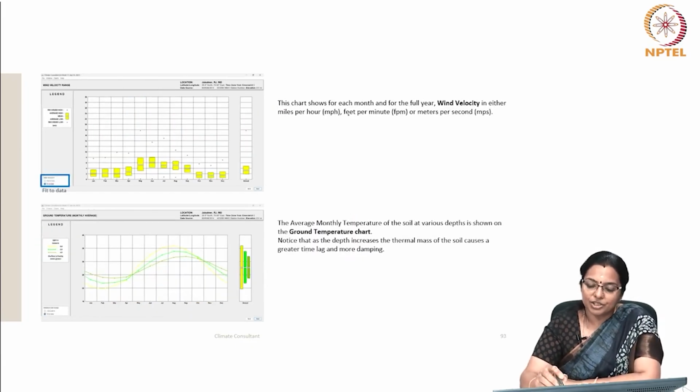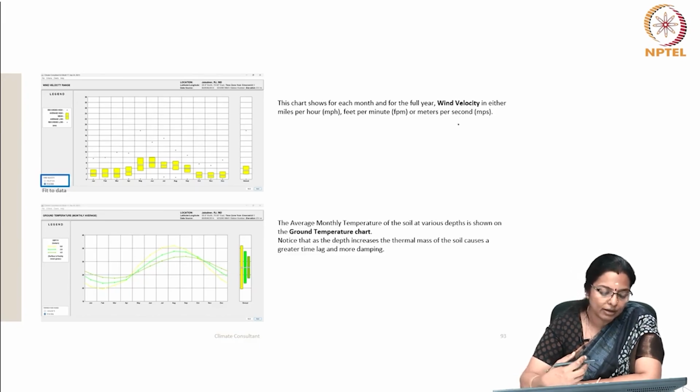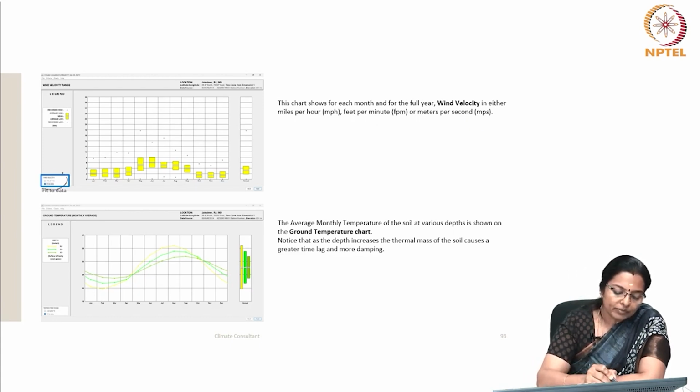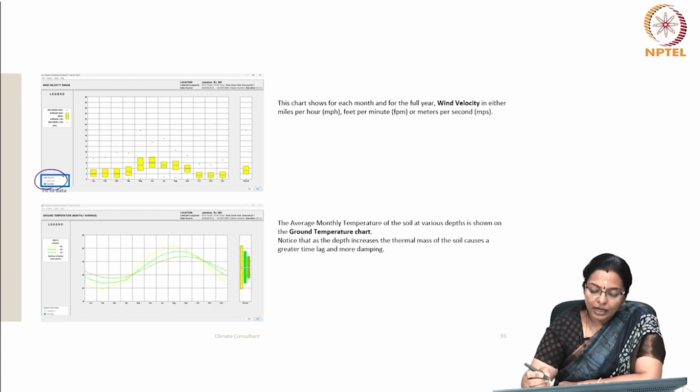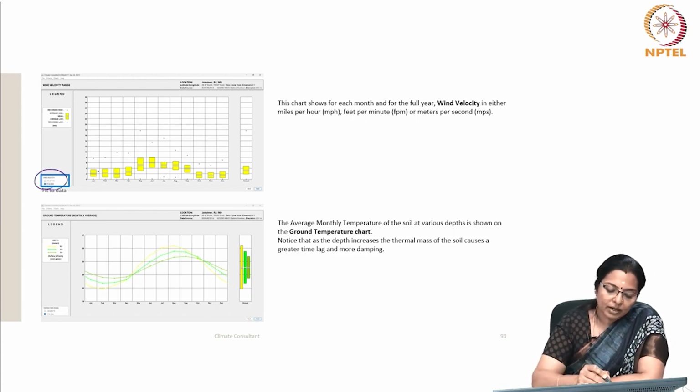Now, this chart shows for each month and for the full year the wind velocity in either miles per hour or feet per minute or meters per second depending on the scale you have chosen. And you can see how the wind keeps changing.